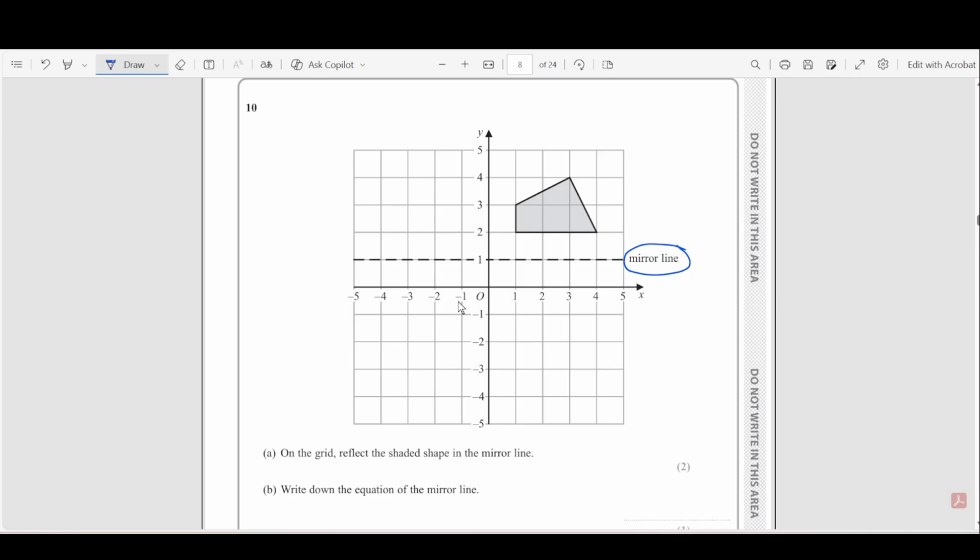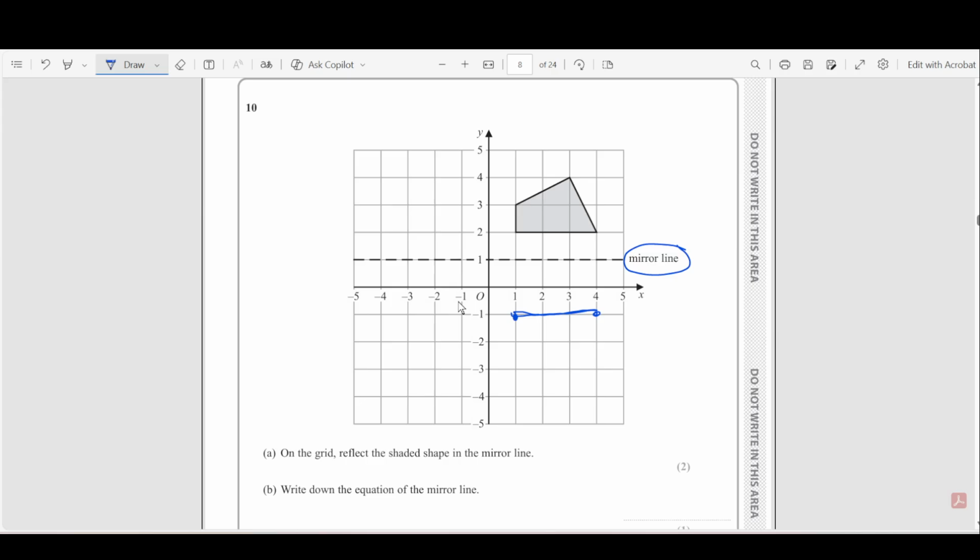Okay. So each point of the original shape would remain the same, but on the opposite side. Like if you see this point, this will go here, this point will go there, right? So that's how we get the shape on the opposite side, right?